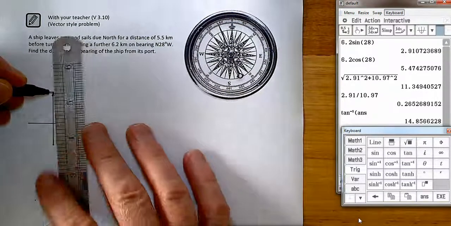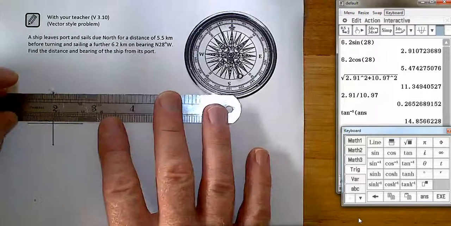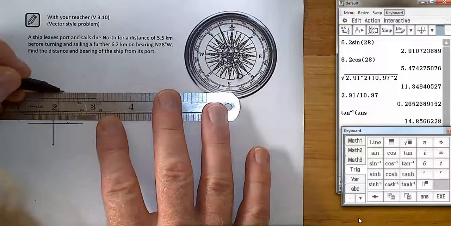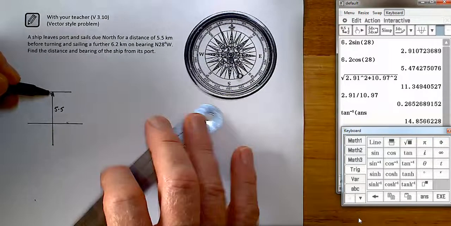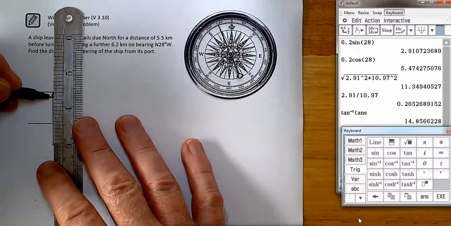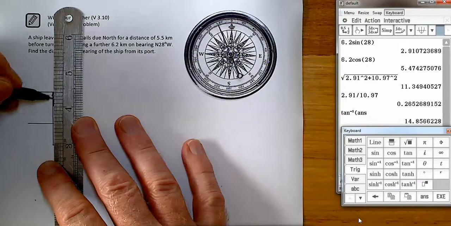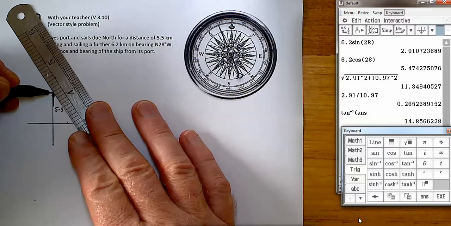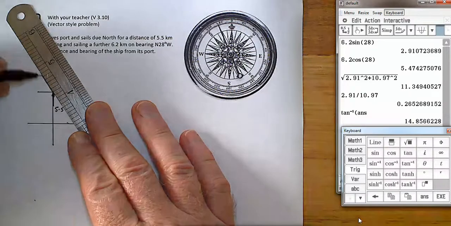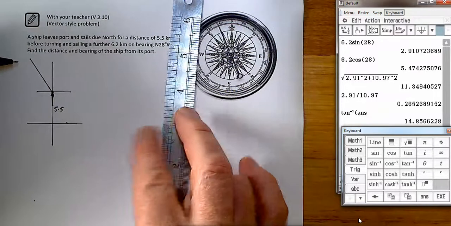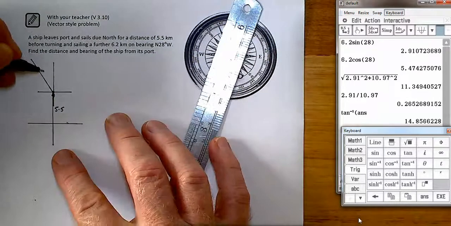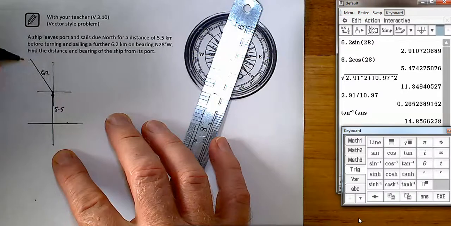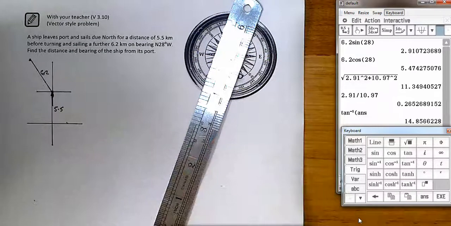So if we draw another north, south, east, west indicator in right here, from the point it turns, north 28 degrees to the west will be out in that direction, and it travels on there for 6.2 kilometres. That's where it ends up.